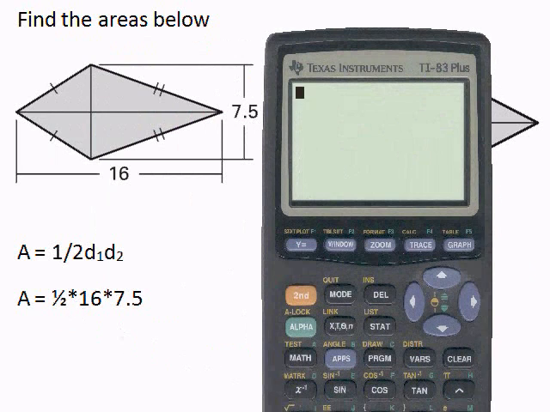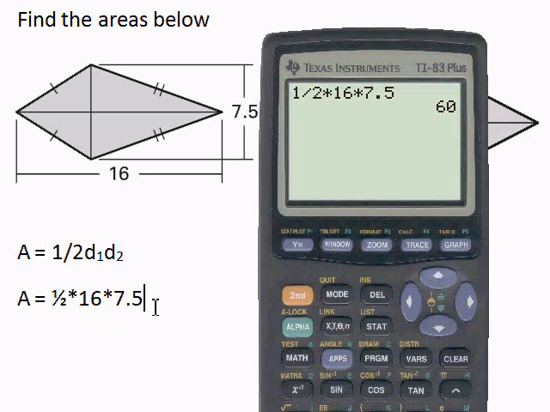Let's find the area of the first one. You can type in 1/2 or just 0.5. I think 0.5 is a little easier for me, but if you want to, you can do 1 divided by 2 times 16 times 7.5. And that gives you the area of that first shape, which happened to be a kite, which is 60. So our first shape has an area of 60.